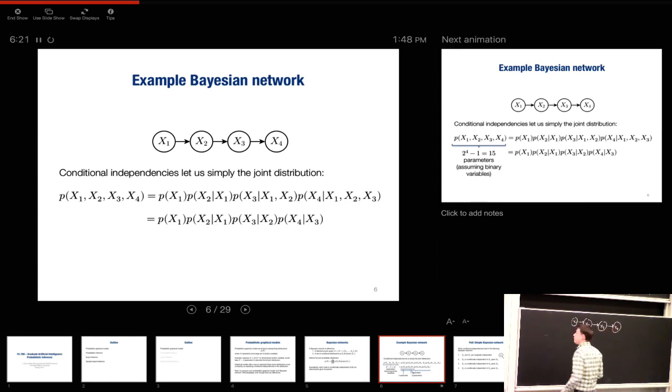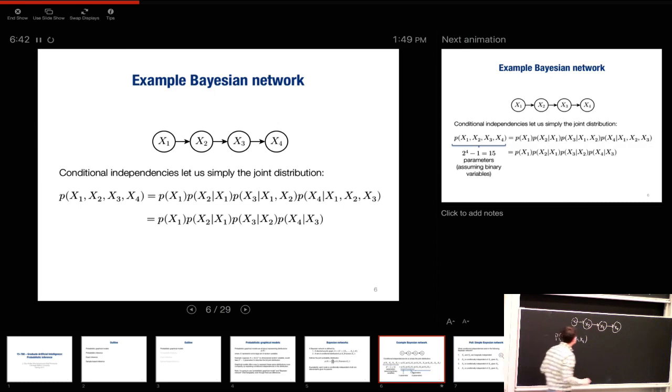And what this graphical model specifies is what sort of distribution we have over these different variables. In particular, the probability of all the variables, x1, x2, x3, and x4, is equal to the following.